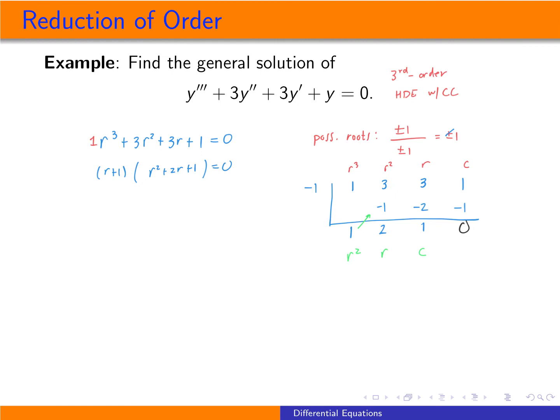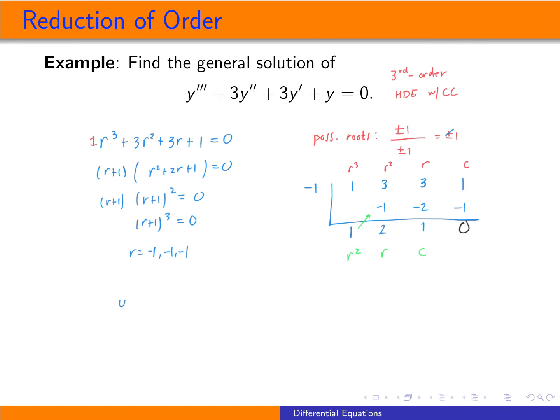And this is really the ideal scenario. Once you get it reduced down to a quadratic, you know you can factor, or when you cannot, you use the quadratic formula. And in this case, it factors very nicely. That's just r plus 1 quantity squared. So we have a repeated root of r equals minus 1, and it is repeated 3 times. So our roots are minus 1, minus 1, and minus 1.